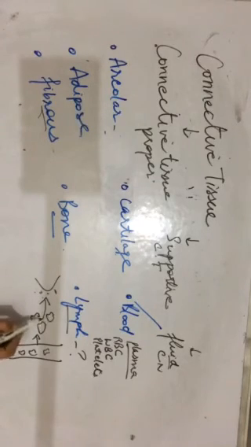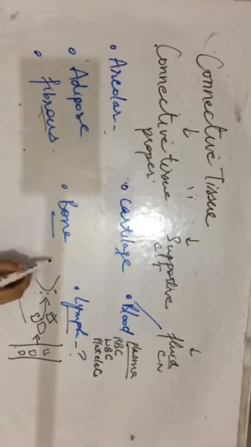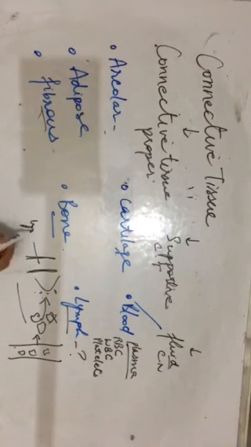When they attack, some of the WBCs are destroyed and the ones which are safe after attacking enter into another liquid which runs side by side with the blood. That system is known as the lymphatic system and that liquid is known as lymph.